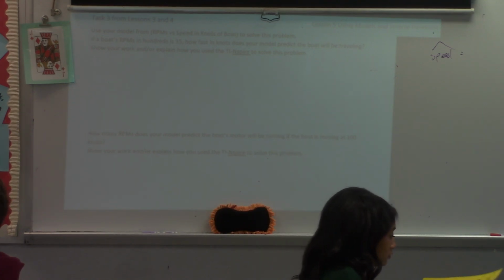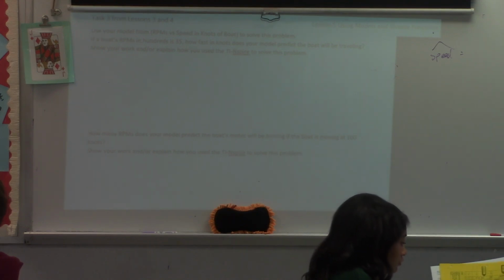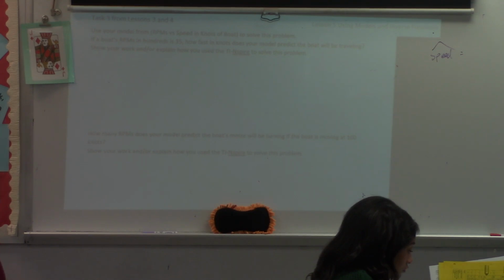Also should have worked this practice problem last night. So this is task 3 from lesson 4. What is the predicted speed equal to? Should be a cubic function.